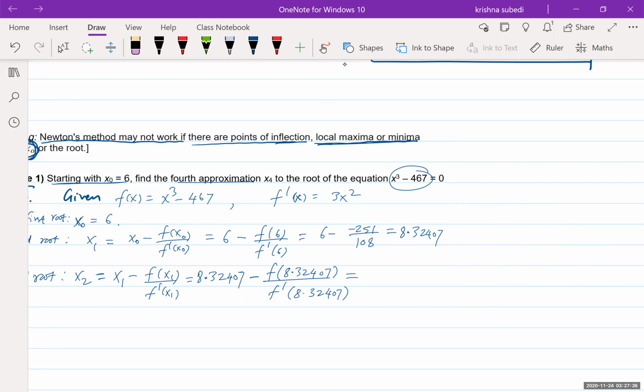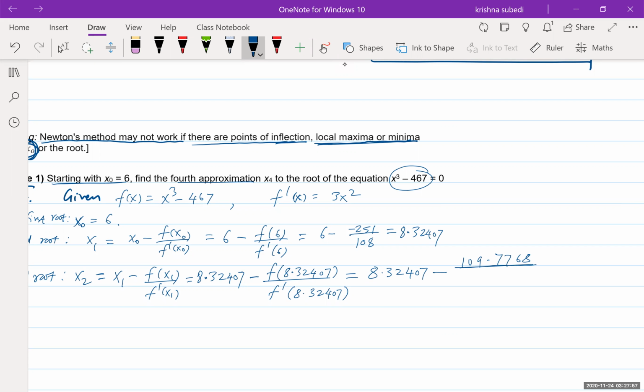So the first one will remain the same, 8.32407 minus, if I plug in this 8.32407 in my function f of x, my calculator is giving me 109.7768. But I want to verify this answer with you guys.